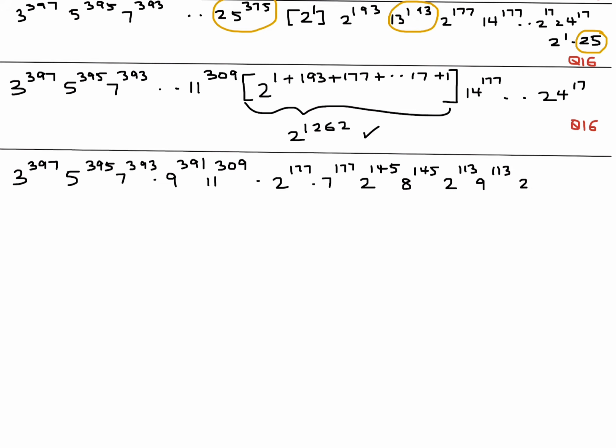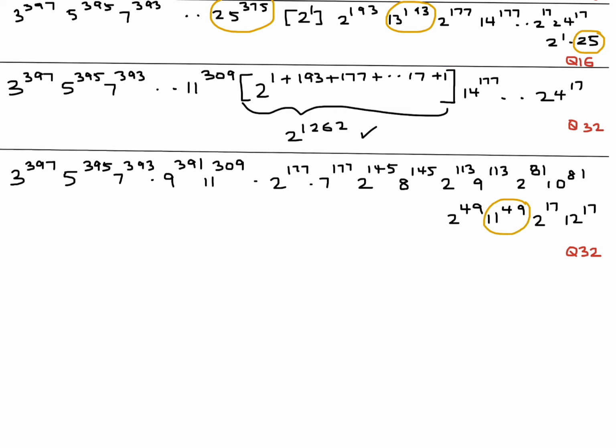Then 2 to the power of 81, and then 10 to the power of 81, and 2 to the power of 49, 11 to the power of 49, and the last one is 2 to the power of 17, 12 to the power of 17. And we are now in a Q32 situation.